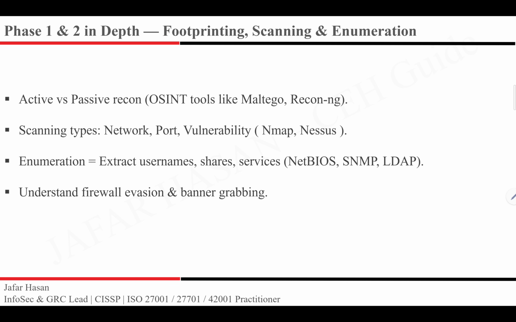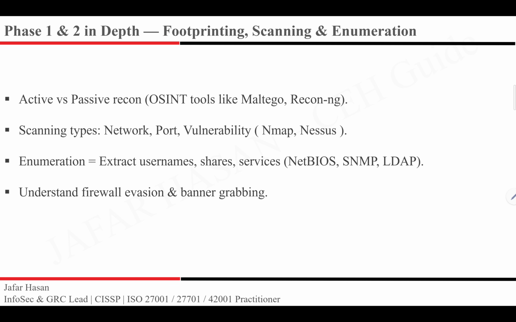Then we move on to active scanning, where we use tools like Nmap to find out the live targets, their running services, and open ports. Once we complete the footprinting and scanning part, then we move on to enumeration.